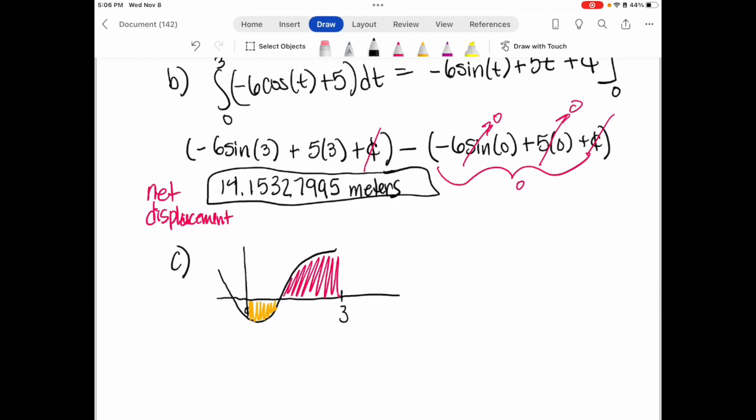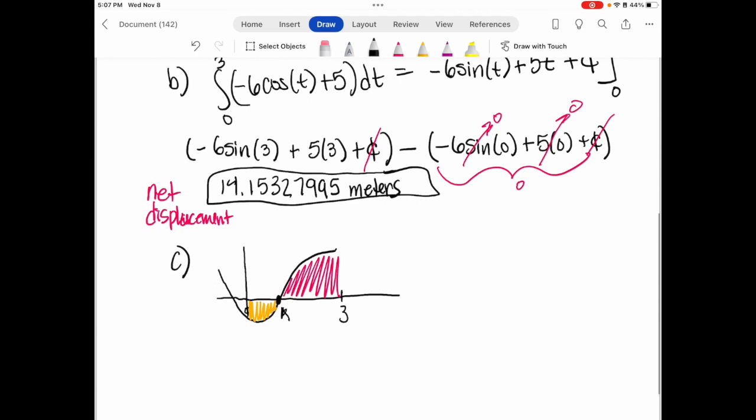So what we're going to do is find the area from 0 to whatever this point is here, and then find the area from this point up to 3. And then we take the absolute value and add them together because we don't care about the signs in this case. Now we need to find that intersection point so we know where to start and stop our integrals.